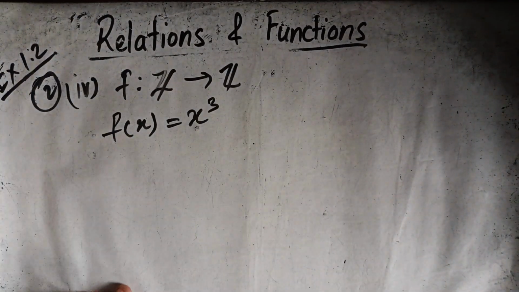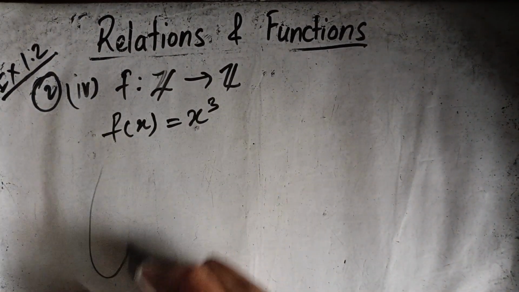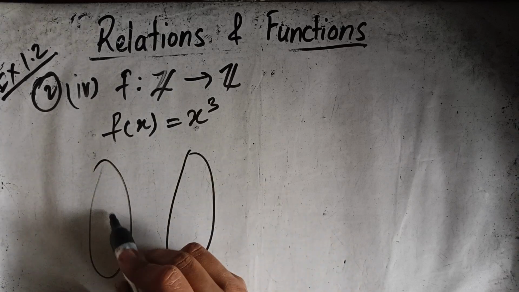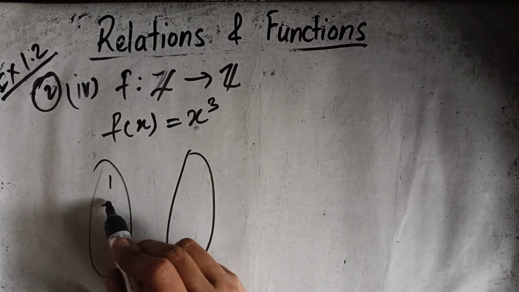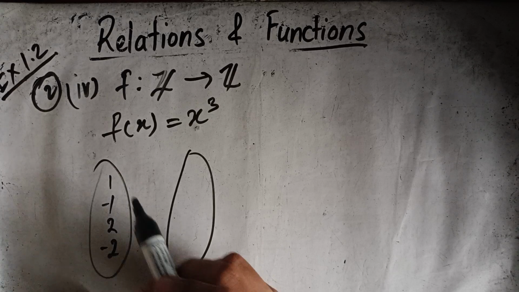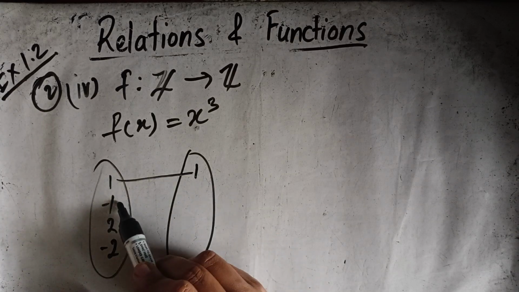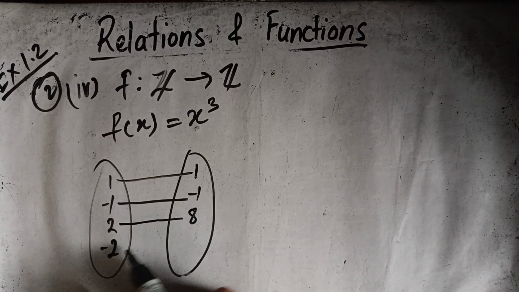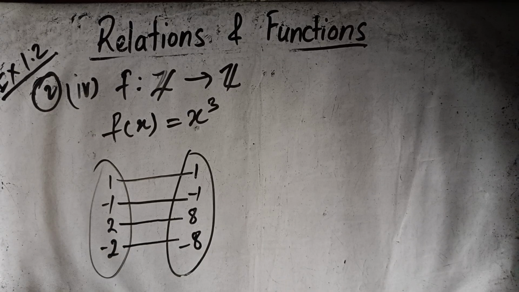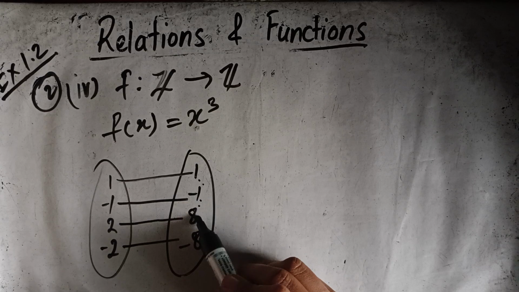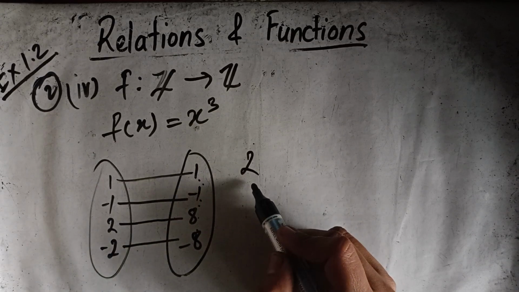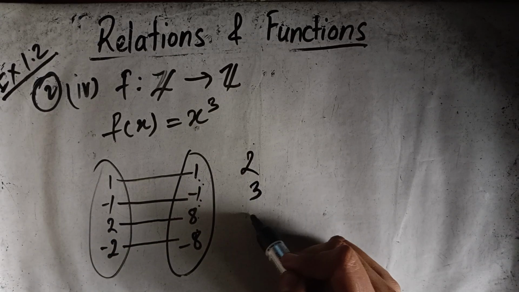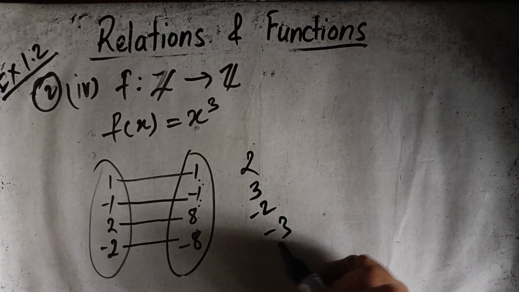onto. So for onto, 1, minus 1, 2, minus 2. 1 is going to 1, minus 1 is going to minus 1. 2 is going to 8, minus 2 is going to minus 8. So in between there are some numbers like 2, then 3, minus 2, minus 3.